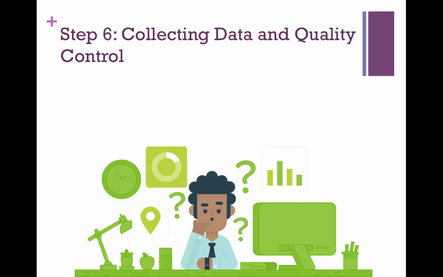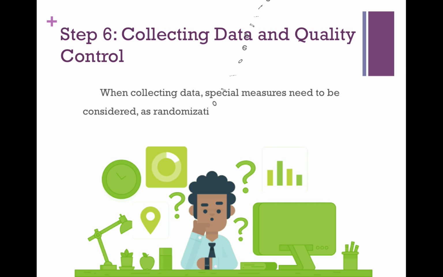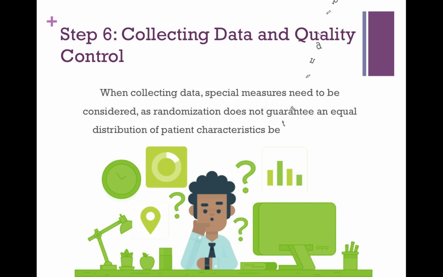Step 6. Collecting data and quality control. When collecting data, special measures need to be considered, as randomization does not guarantee an equal distribution of patient characteristics between groups. For example, if there are 10 participants in each group, in the control group 2 participants may be smokers, whereas there could be 6 smokers in the intervention group.